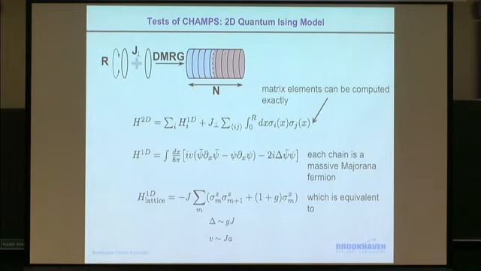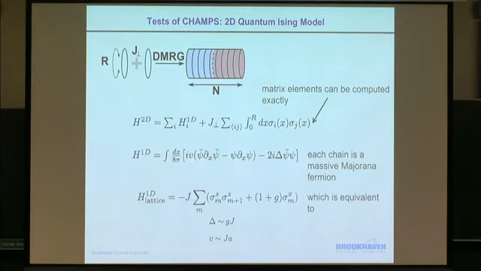This test will involve the 2D quantum Ising model, where here's our representation of the model, with some Hamiltonian. This first term is just the individual Hamiltonians of the Ising model in each of these chains, and this is just a massive Majorana fermion. We couple the chains together with a spin-spin interaction.